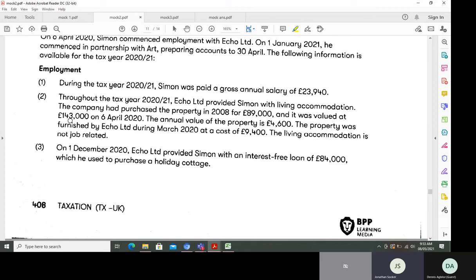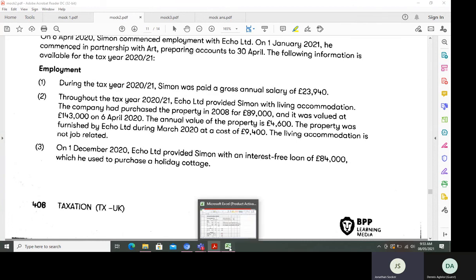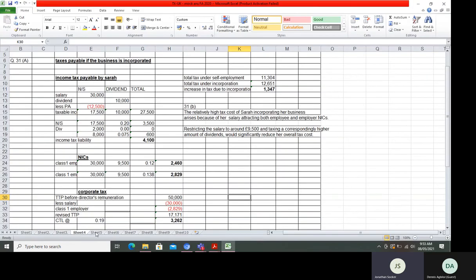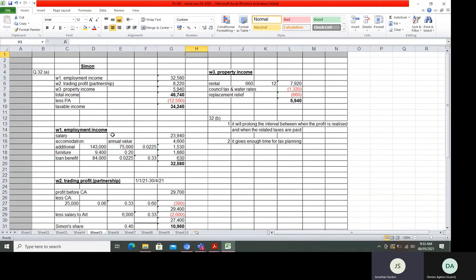So how do you calculate the additional benefit? You take the market value minus 75,000, multiplied by the official rate of interest. So we are going to have something like this. We are doing workings here on the employment income. We have our salary. Then for the accommodation, we pick the annual value, like I said.